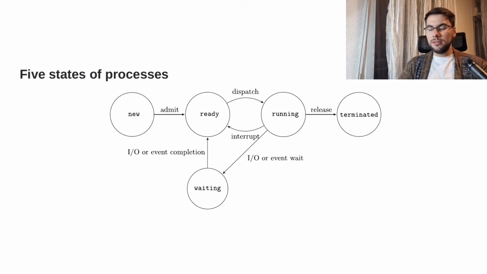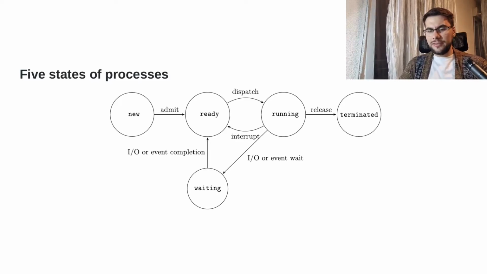For the next example, we are going to talk about the process states. A process is a container for the resources of a running program. In this section, for the sake of simplicity, we will assume that each process has only one execution thread.